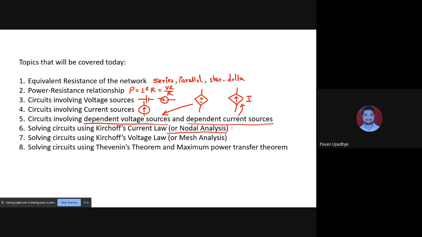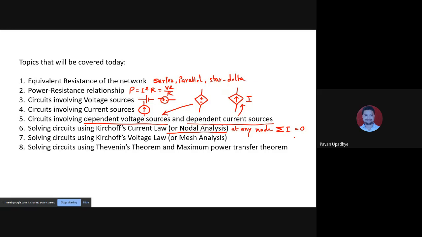We know that at any junction or at any node, the algebraic summation of currents is equal to 0, where the word algebraic summation is very important. At any node there will be outgoing currents and incoming currents, and the addition of all such currents will be equal to 0. This is what is stated by Kirchhoff current law.